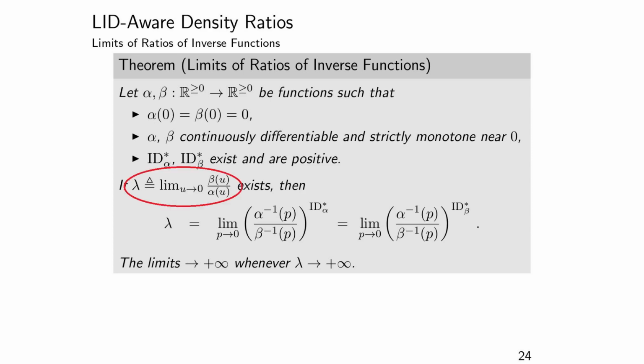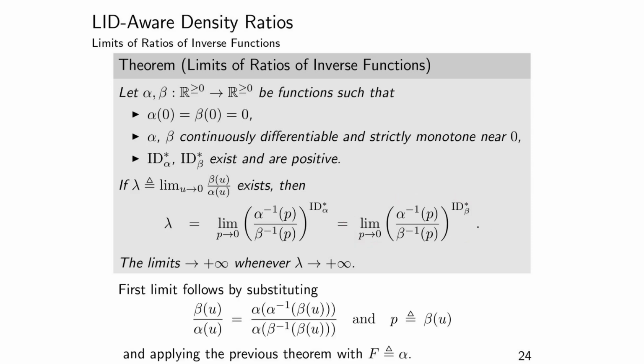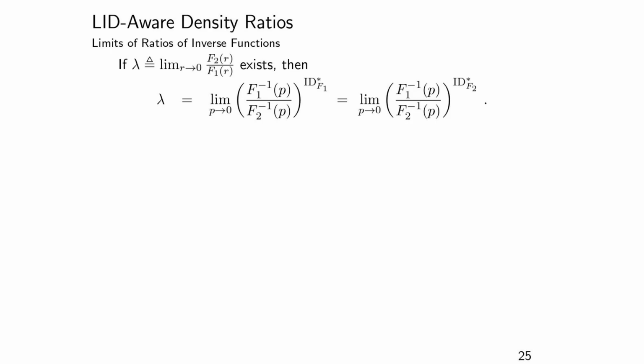Then, if the density ratio limit exists, it is also equal to the reciprocal ratio of the functions, that is, alpha inverse over beta inverse, all taken to the intrinsic dimensionality of alpha, or alternatively to the intrinsic dimensionality of beta, and the limits both diverge whenever alpha itself diverges. Okay, so this has an important implication in practice for certain types of density estimation.